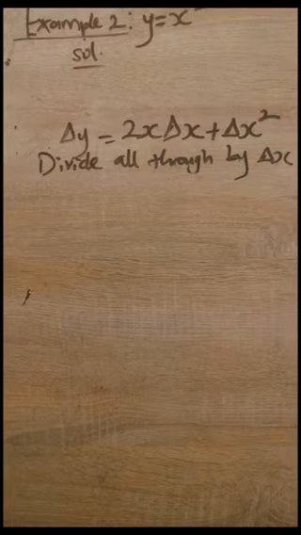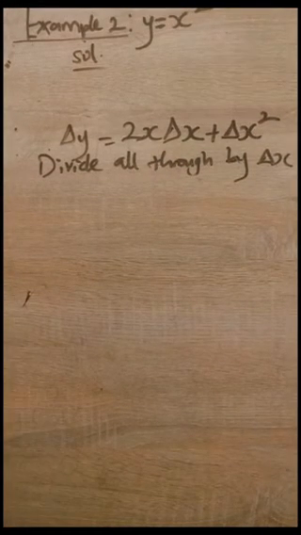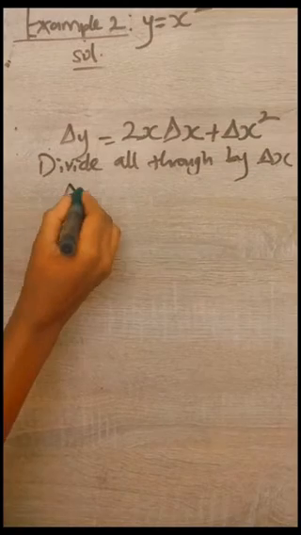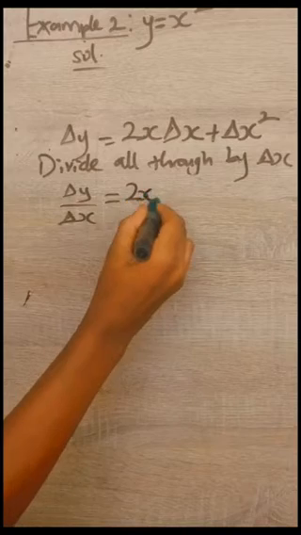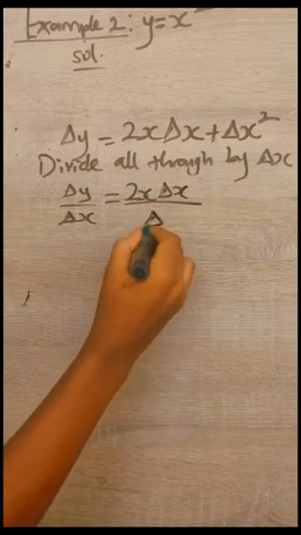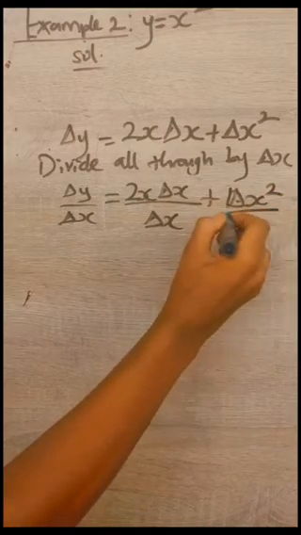Now let's divide all through by the change in x. So I'm having change in y over change in x equals 2x change in x over change in x plus change in x raised to power 2 over change in x.